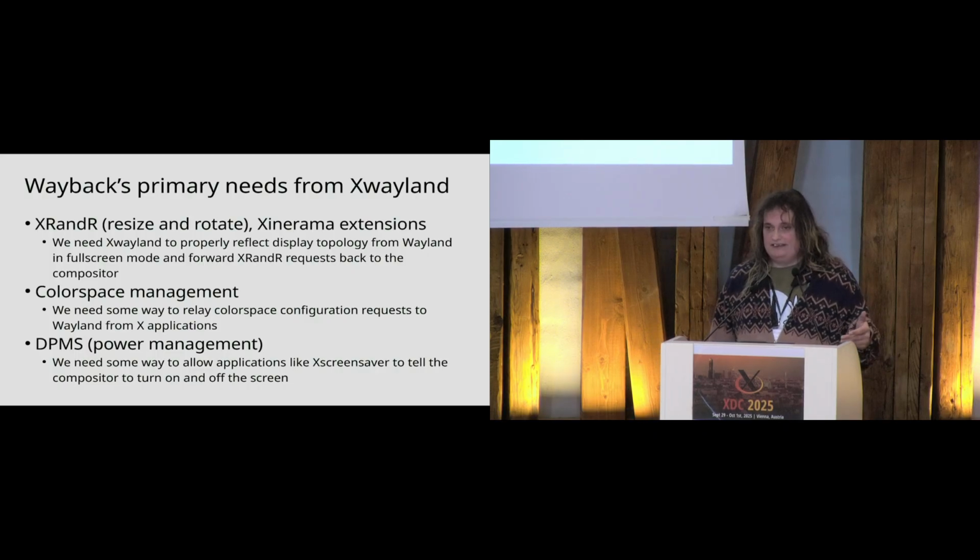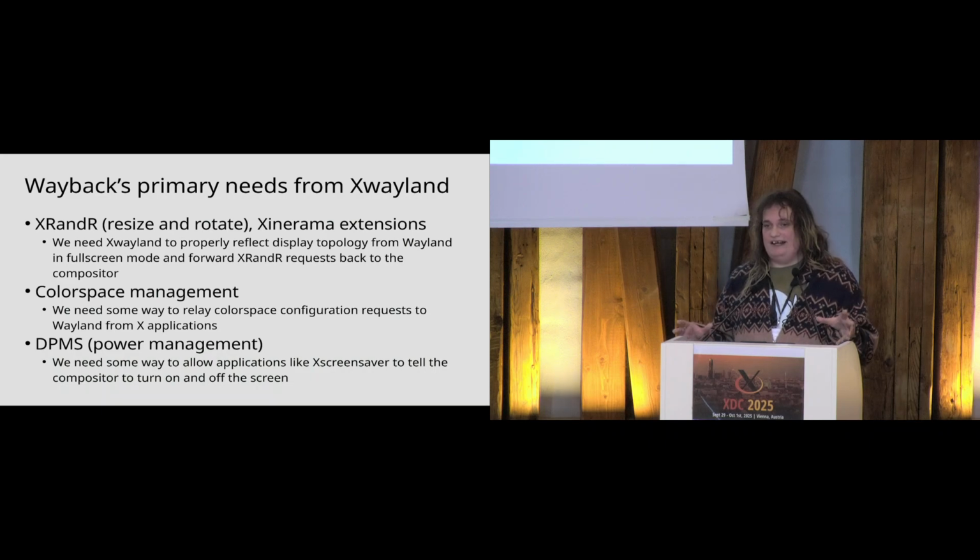Another big one that we need is color space management. For example, there are different applications that have different color spaces. For example, there's sRGB, and then there's YUV and all of that.